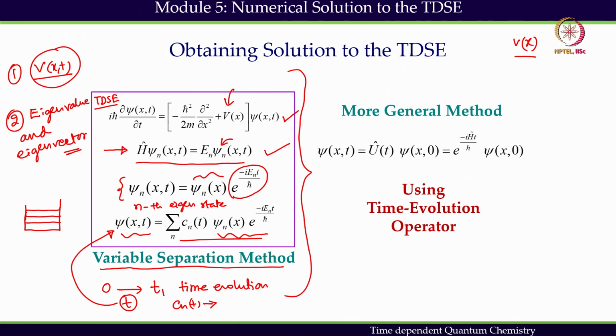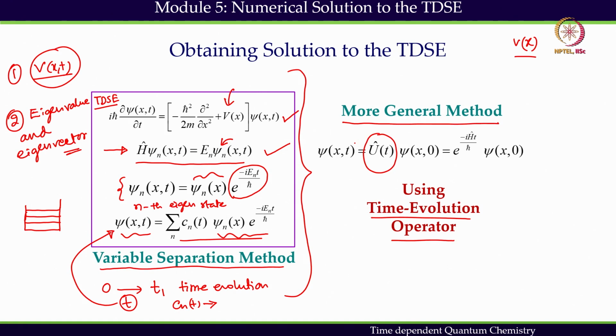So we need a more general approach to solve this TDSE, and the general approach to solve this TDSE is to use the time evolution operator. This is called time evolution operator. This U(t) is representing the time evolution operator.